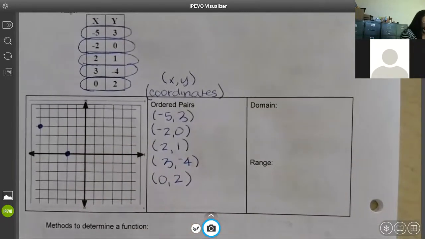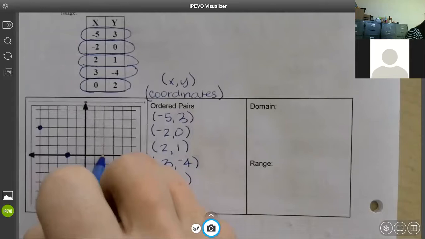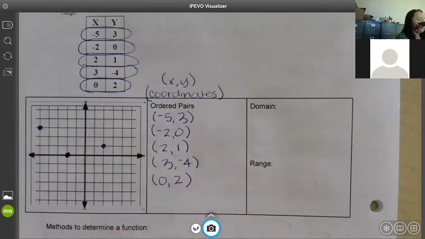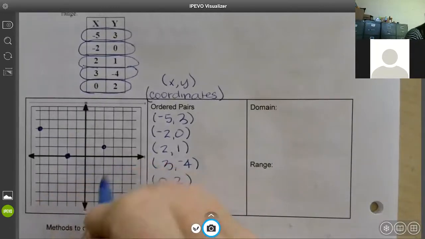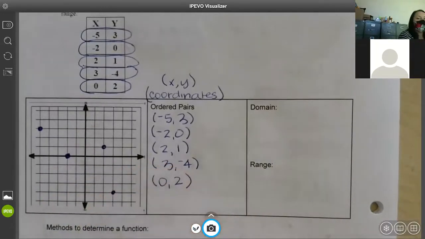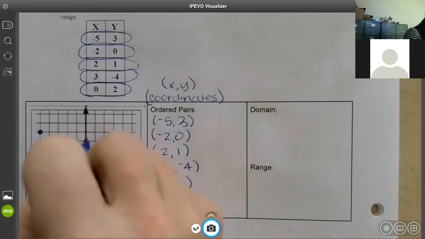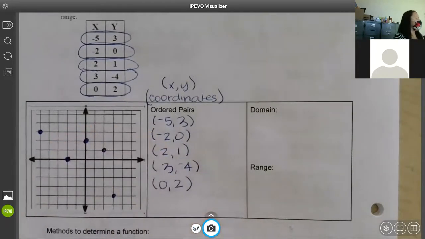The next one is 2, 1. So we're going to go to the right 2 and up 1. 3, -4, right 3, down 4. And the last one is 0, 2. Do not go left or right, just go up 2. So this is what your graph should look like. Do not connect the points.